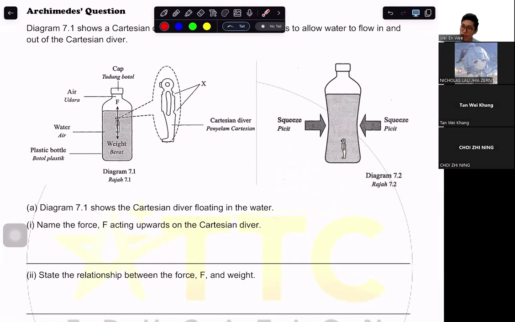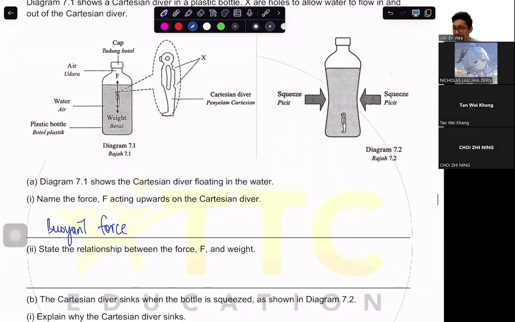Name the force F acting upwards on the Cartesian diver. The upwards force, to make the thing float, of course, we all know is called buoyant force. State the relationship between the force and weight.